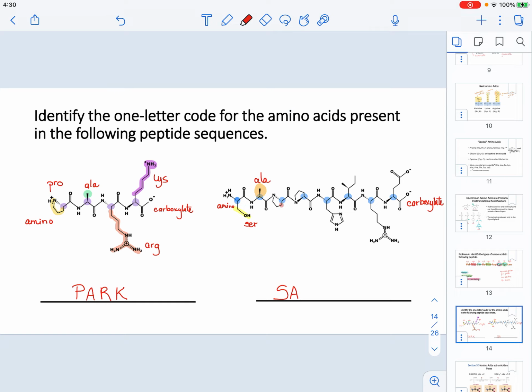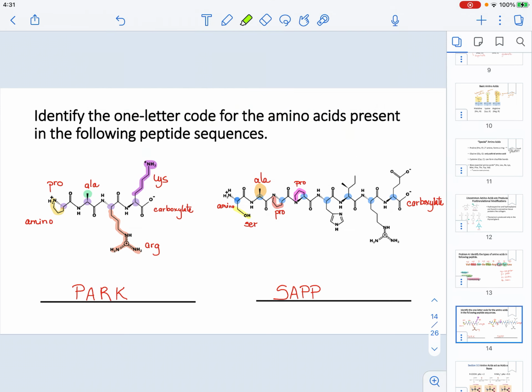Next amino acid, I have CH2CH2 and it's binding to the nitrogen. So this is proline, which the one-letter code is a P. The next one I have CH2CH2 and it's binding to the nitrogen. That is another proline, which is a P as a one-letter code.